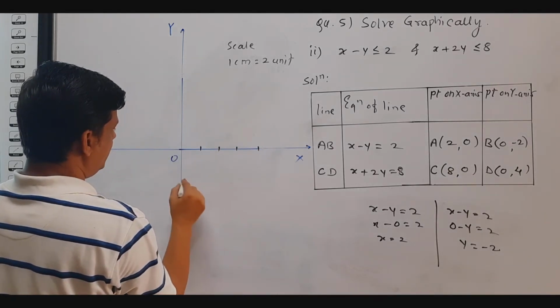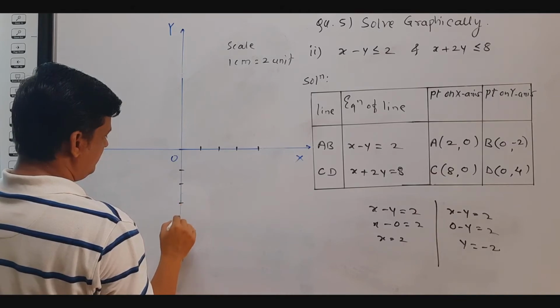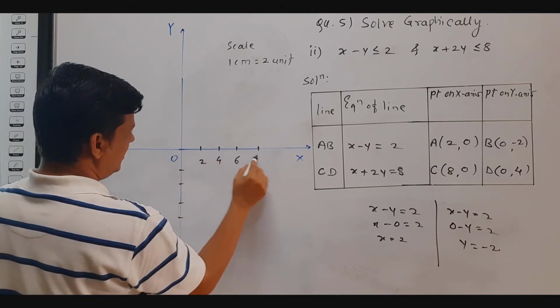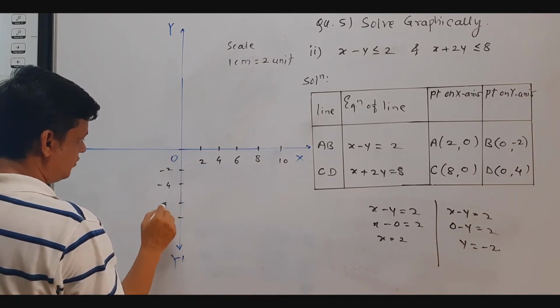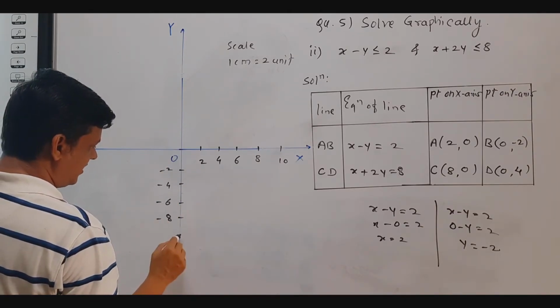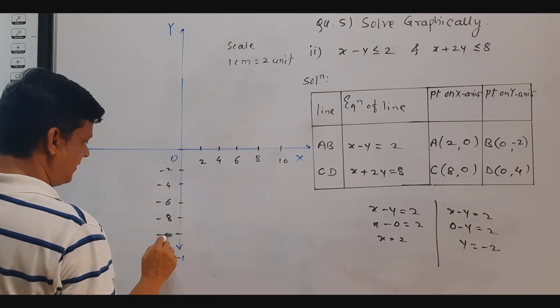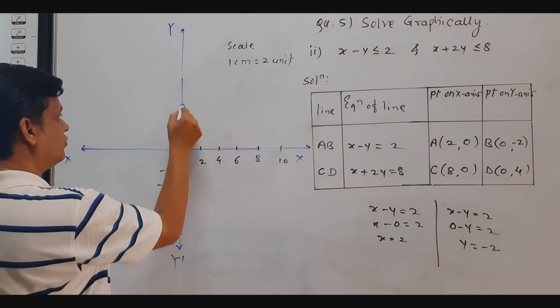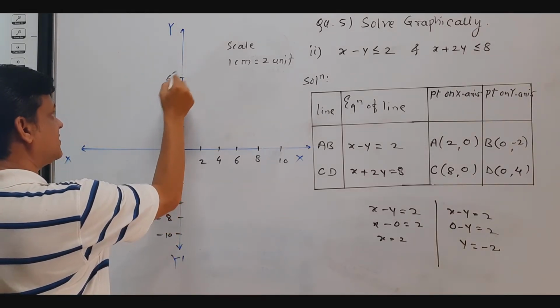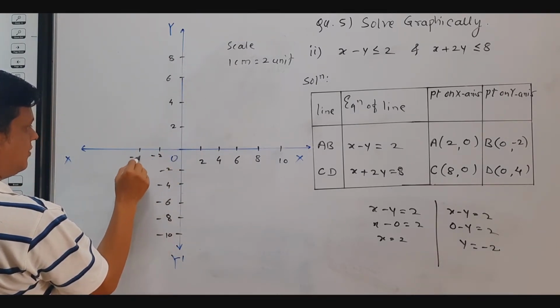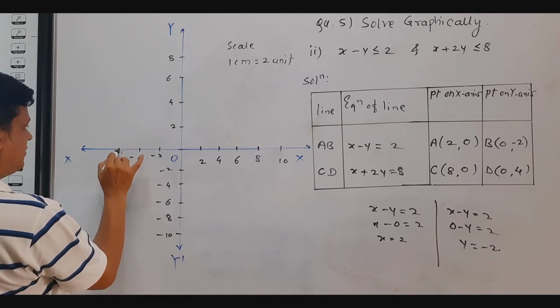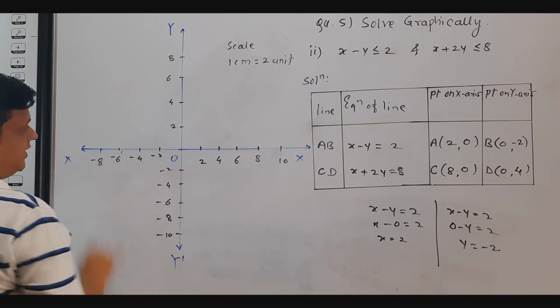So we consider here 2, 4, 6, 8, 10, minus 2, minus 4, minus 6, minus 8, minus 10. Here 2, 4, 6, 8, and here minus 2, minus 4, minus 6, minus 8.